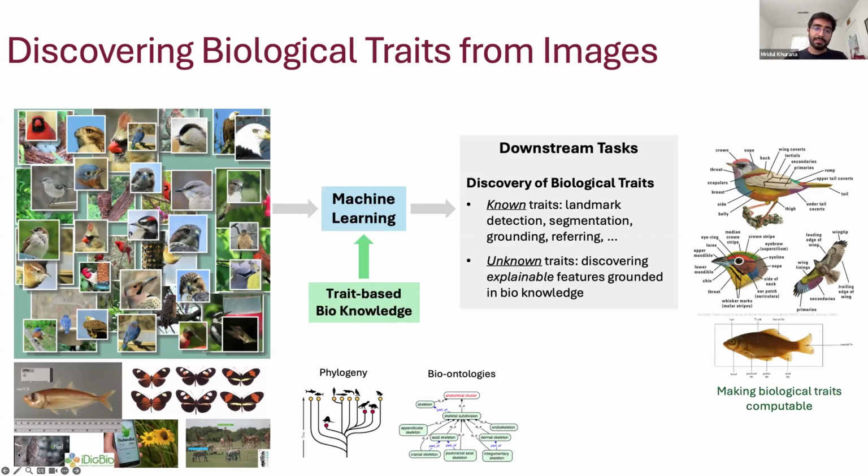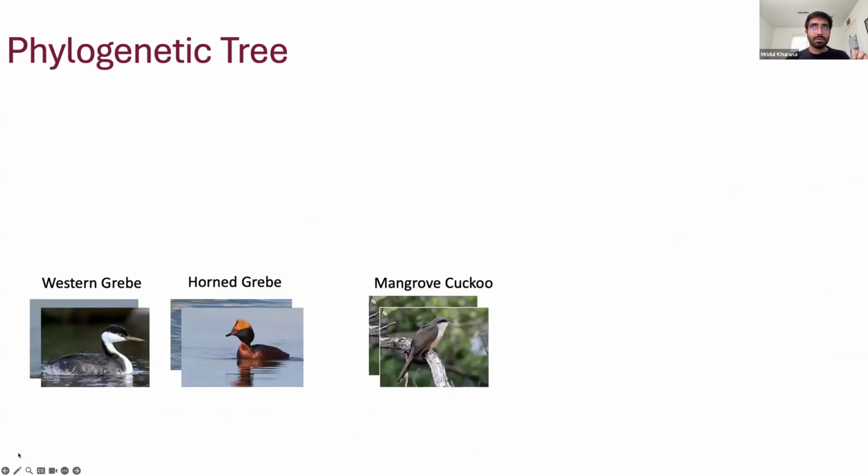knowledge-guided machine learning. And in this case, we can leverage the trait-based knowledge which is available to us in forms of, say, ontologies or phylogenies, which are very popular in biology, which biologists have created over the years for different species. What really is a phylogeny?